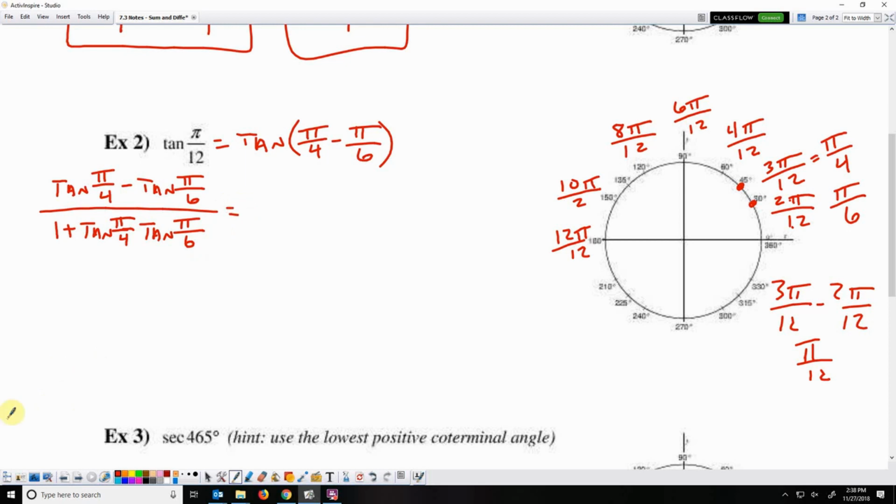So tangent is y over x. The y value at pi over 4, second position up, is root 2 over 2. The x value, we're in the second position out, so it is also root 2 over 2. So for tangent pi over 4, I've got root 2 over 2, the y value, over root 2 over 2, the x value.